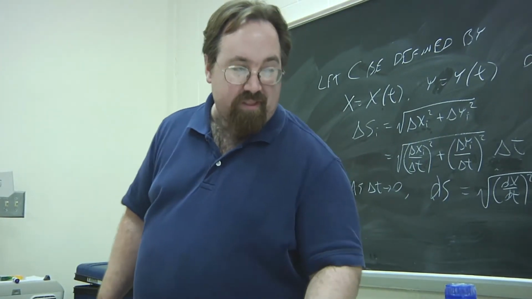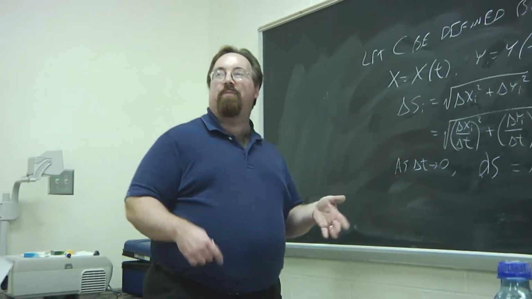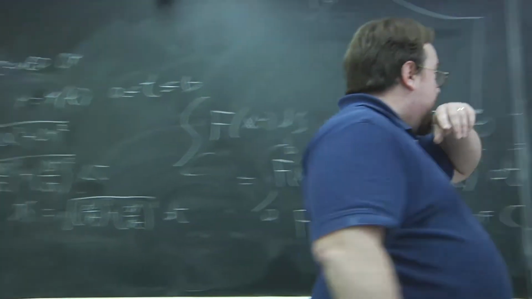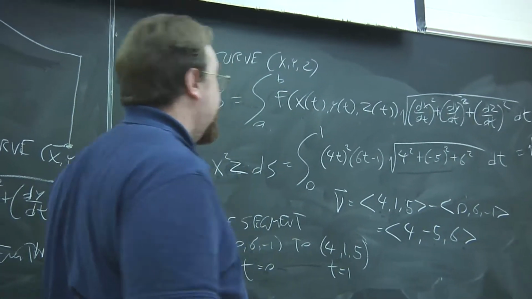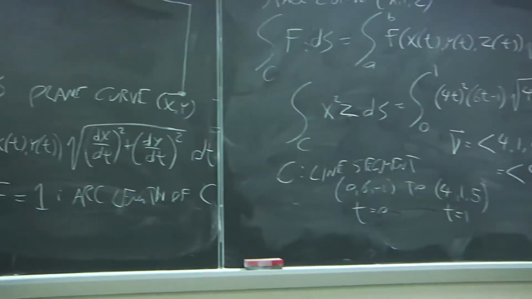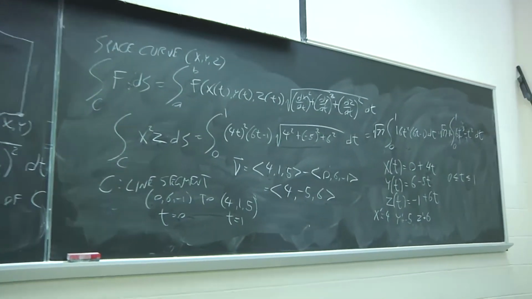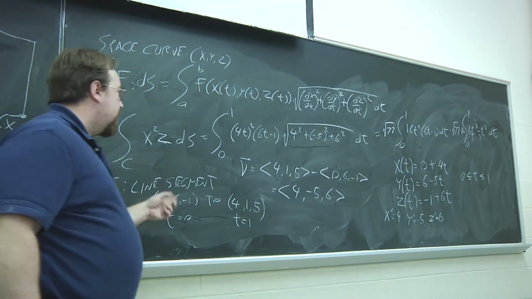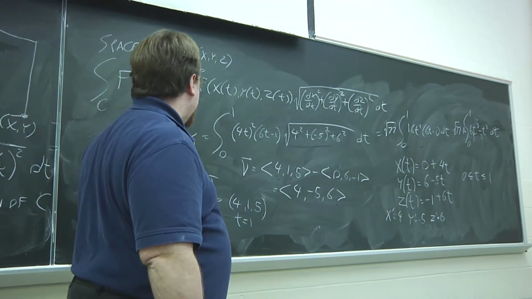All right. But as with what we were doing in the previous chapter, the key is, are we getting the setup right? So any questions about the setup? So you get your parametric representation of your curve if it's not given to you already.